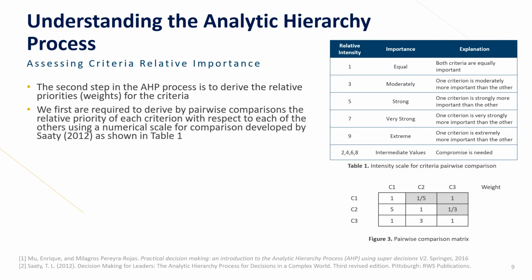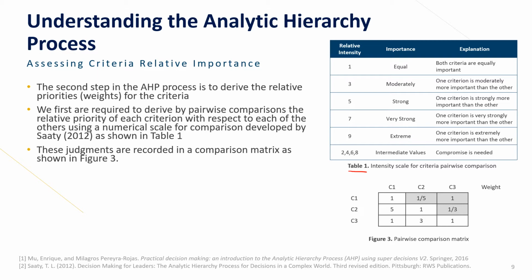And in order to compare these criteria, we will first need to know the grading, or give the weight based on this numerical scale, which was developed by Professor Saaty, as shown here, table 1.